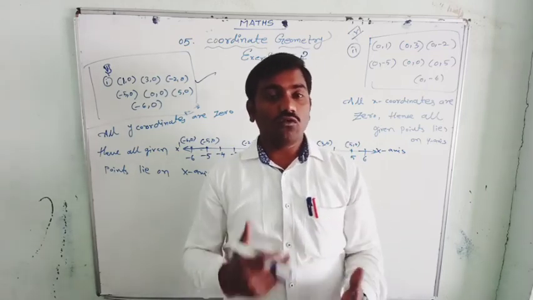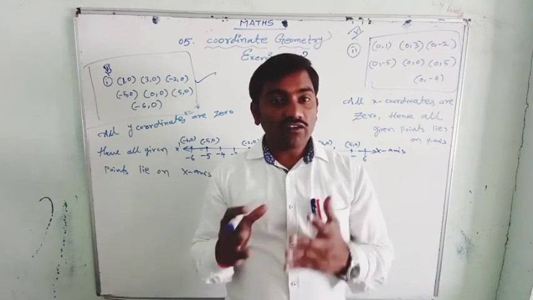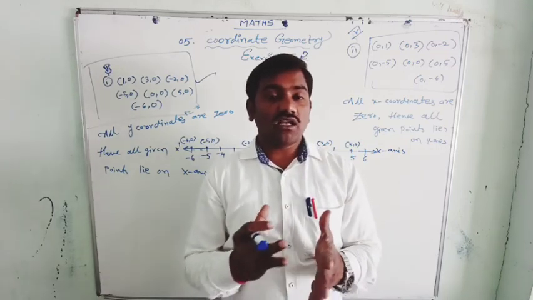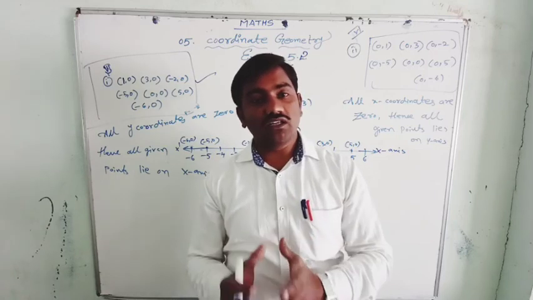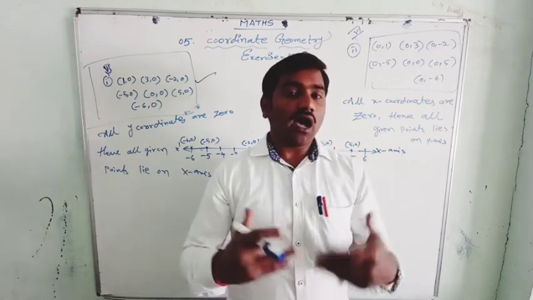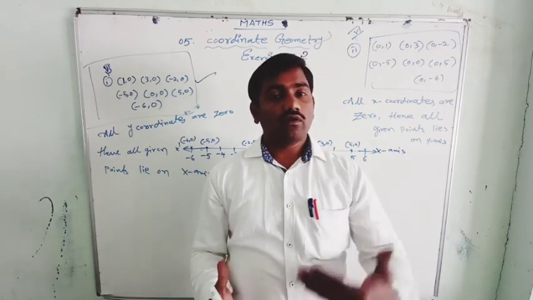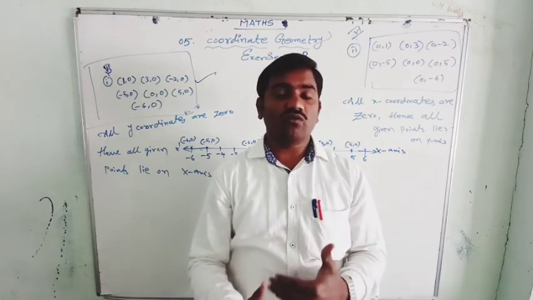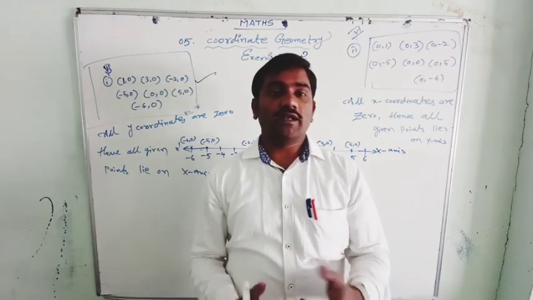In the third and fourth quadrants, how the points will lie, and which points lie on the axis. And if the x and y coordinates are 0, 0, it is known as the origin. About these we have learned in this 5.2, and this is very helpful for the next exercise and in the next class also. I hope you understood well, or else watch once again.